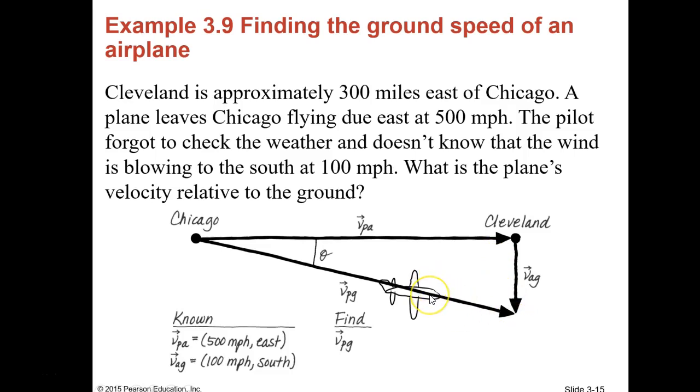It's blowing them out at an angle and a different speed. So think about how to do this. You have one leg, you have the other leg. You can figure out the hypotenuse by using the Pythagorean theorem.